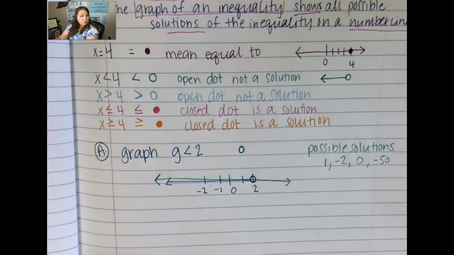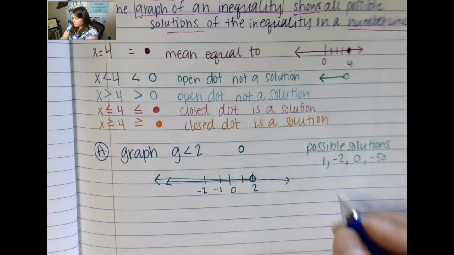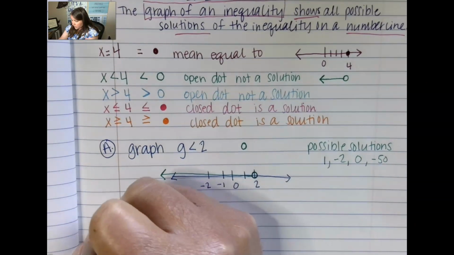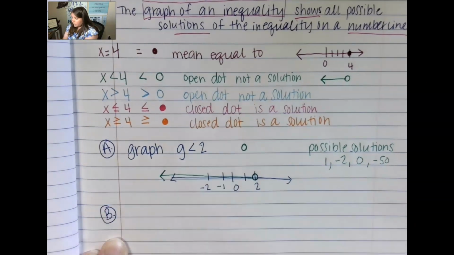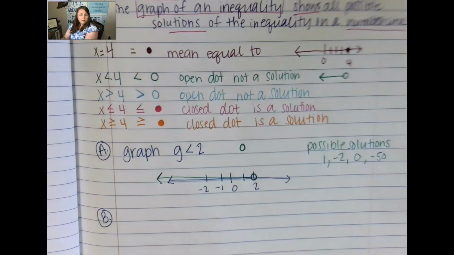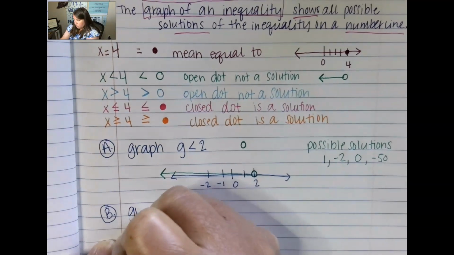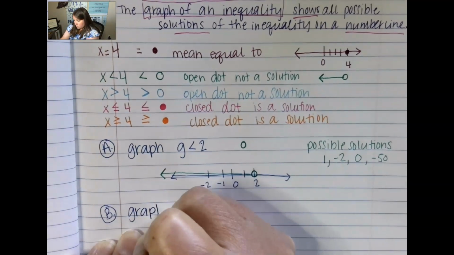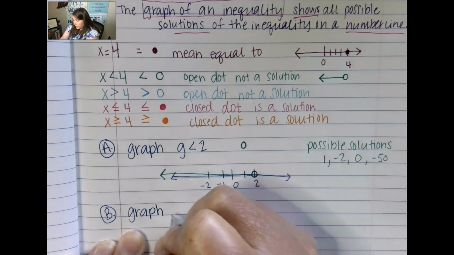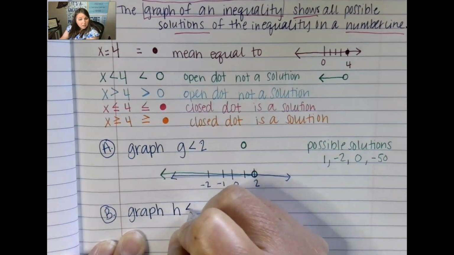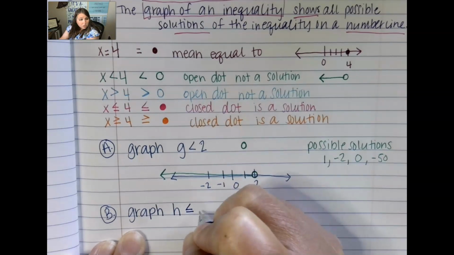Okay, let's do another example. And let's check out example B. So example B is going to ask us to graph again. Let me see what it's asking us to graph. It says graph H is less than or equal to 5.